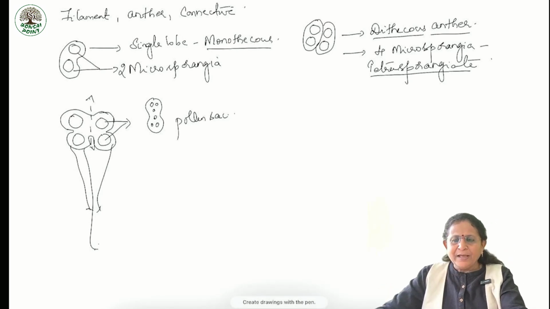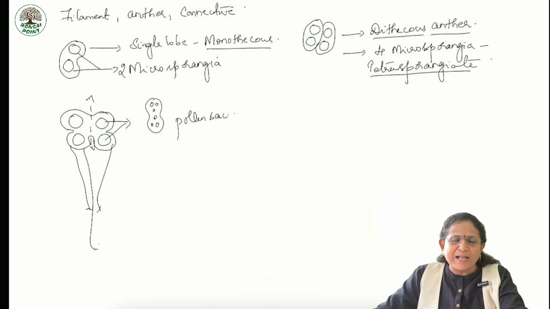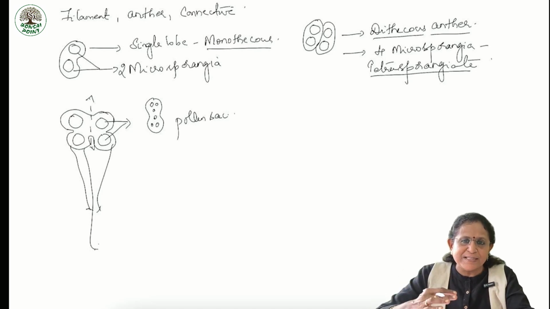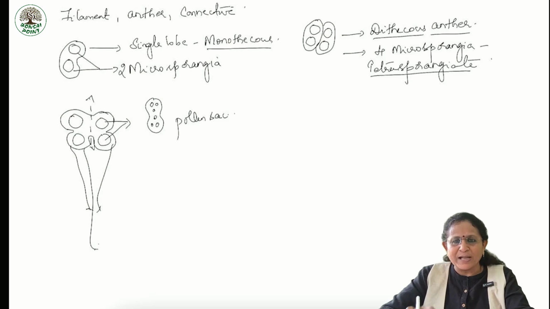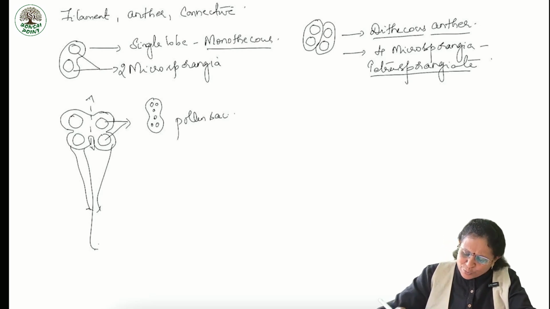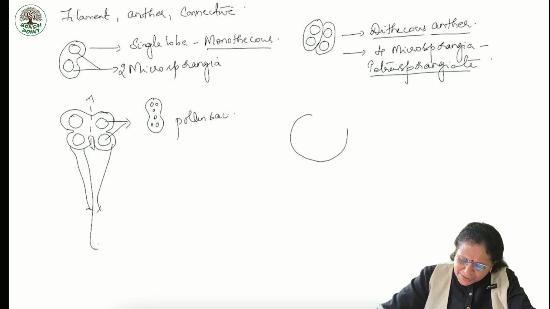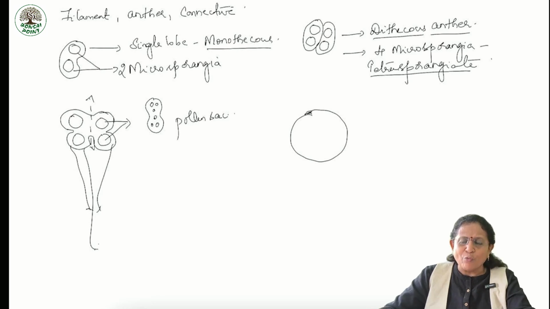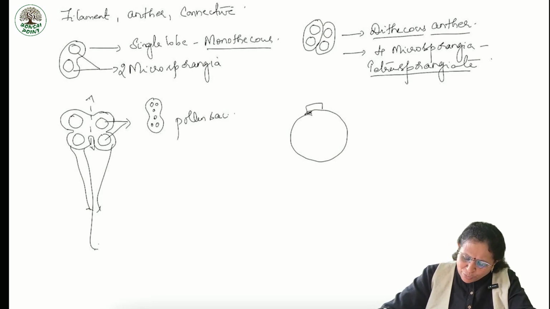Now, how does microsporangia appear and what is it? Each microsporangium, single is microsporangium, plural is microsporangia, is a circular bag-like structure covered by four walls. The innermost wall is said to be tapetum.